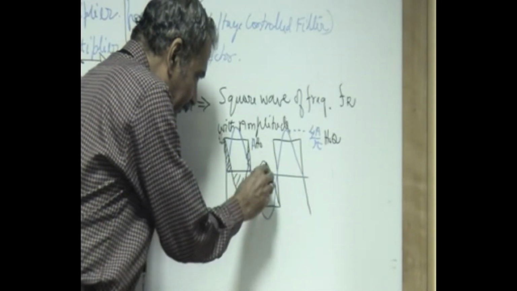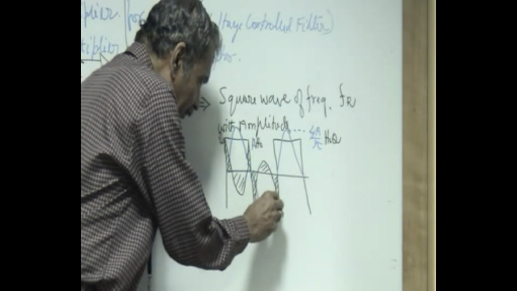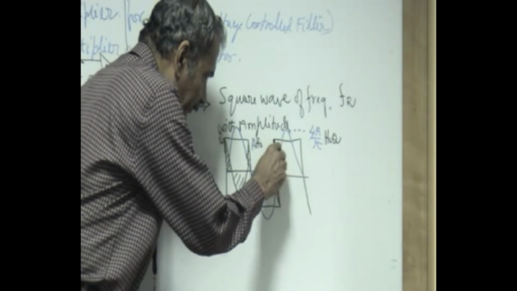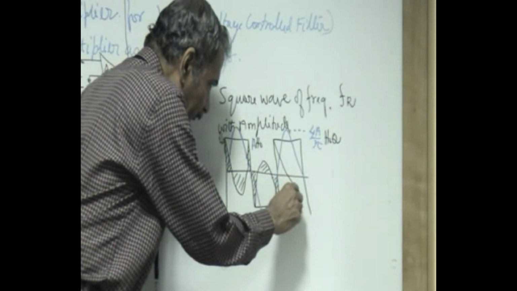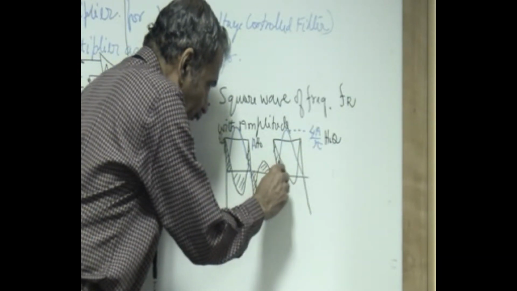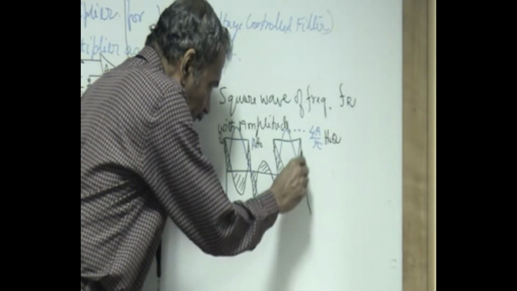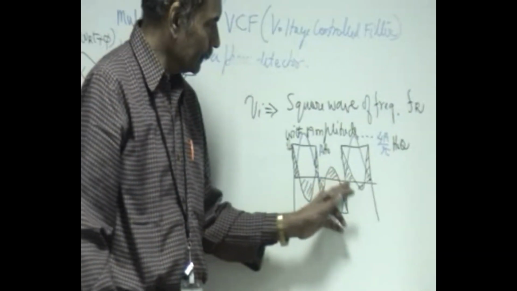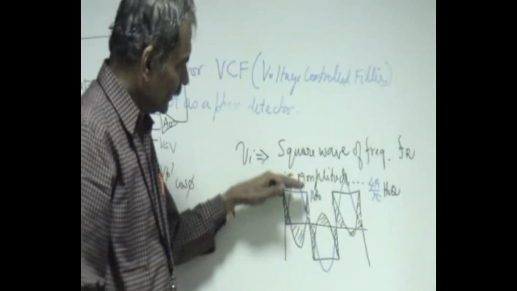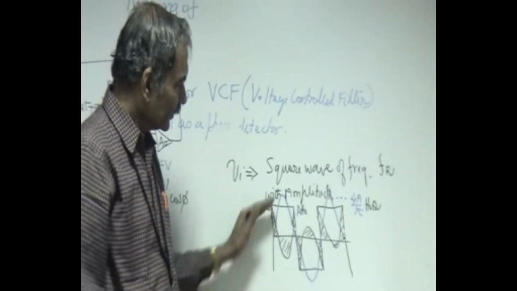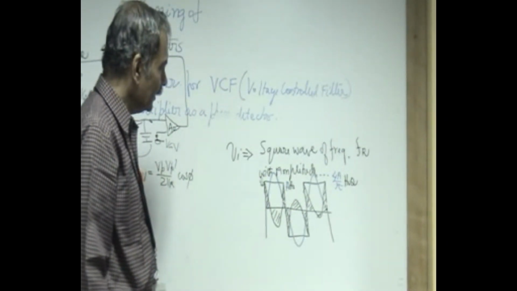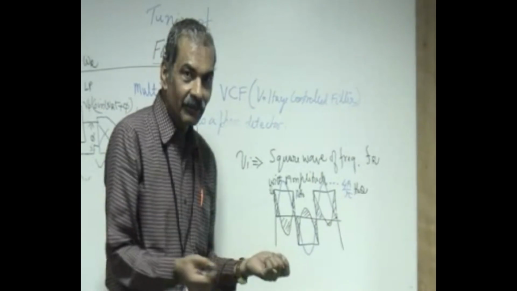So you can get this hatched portion as the output. You can see the dominance of the third harmonic here, and it is nothing but the square wave minus the fundamental times H naught, and this is very nice to observe.